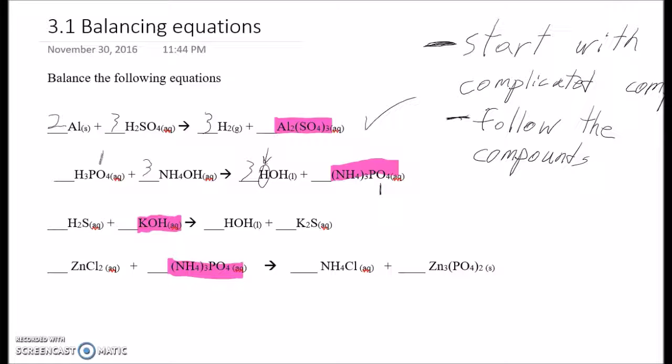So we follow, again, we're following what we just started off at. Okay. So we went from this one first, then we went to this one, then now we're at this one, and we're looking at H's, and if we look over here, we've got 3, and we've got 3, we're good to go. So there you go, we're done.